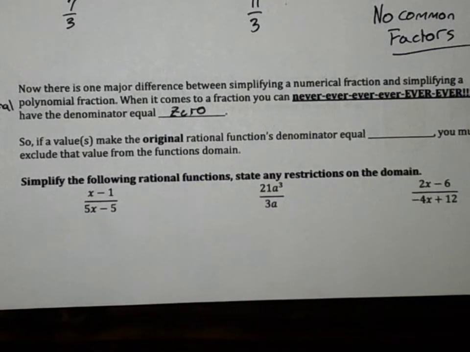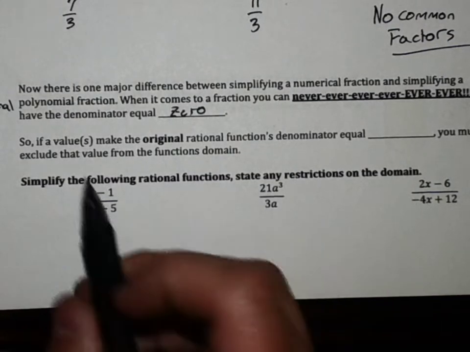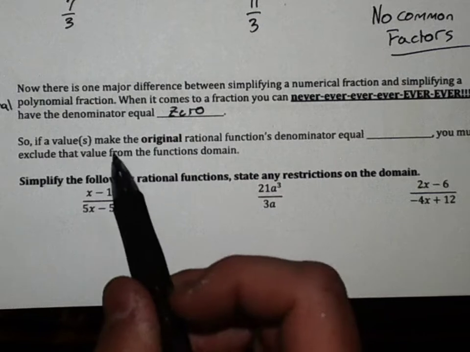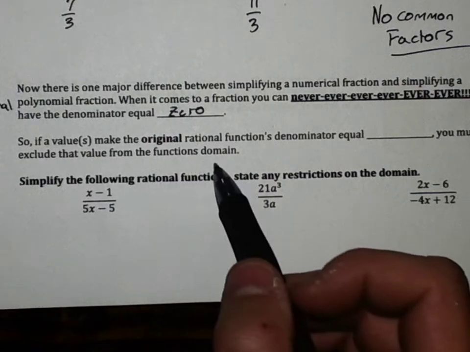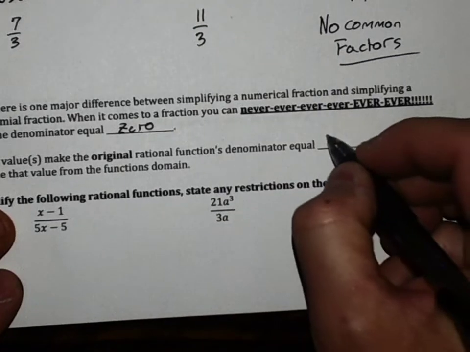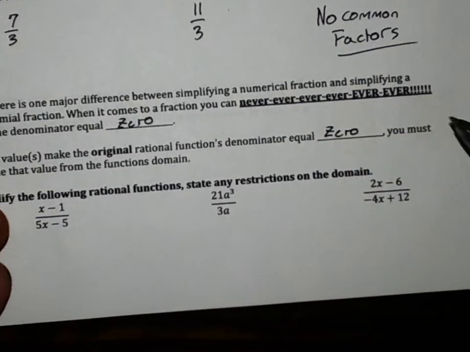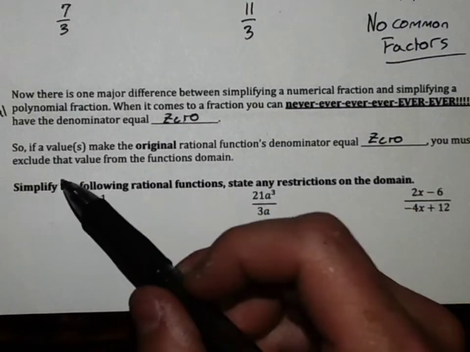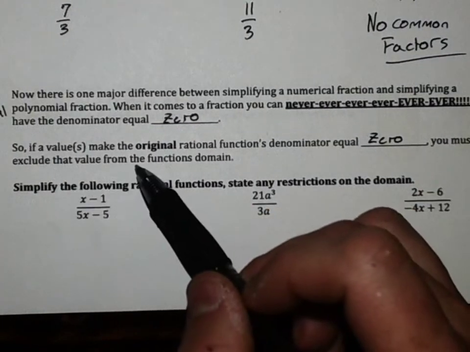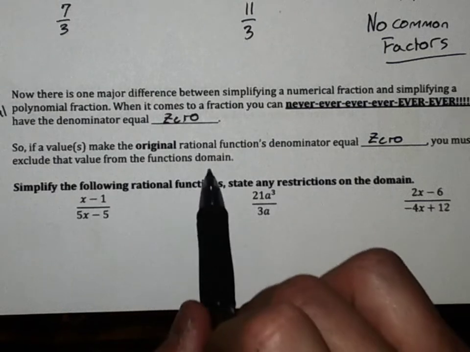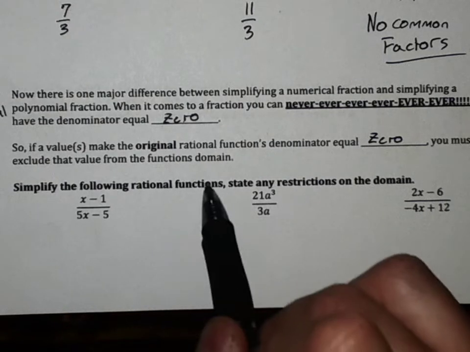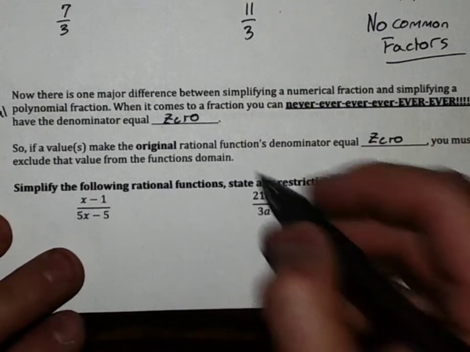So, we cannot allow our denominator to ever equal 0. So if there is a value that makes the original rational function's denominator equal 0, you must exclude that value from the function's domain. Now what that means, remember domain.